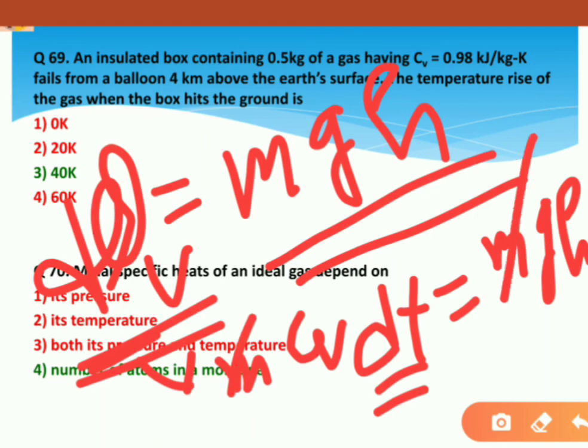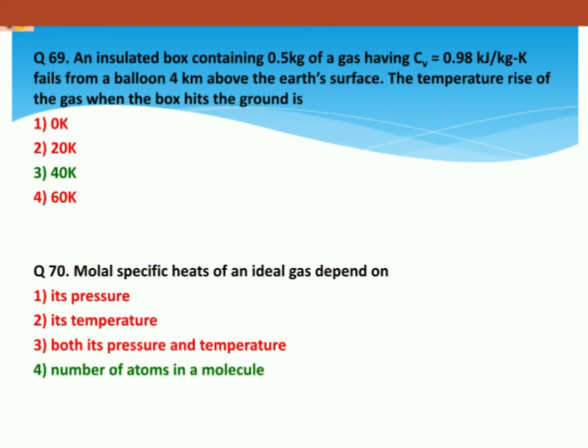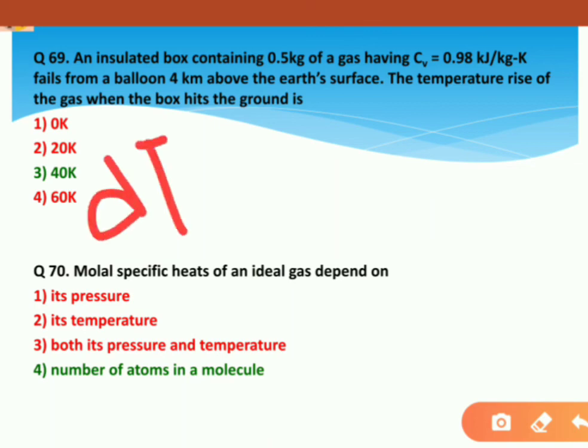So m cancels out, Cv we know, g is 9.81 and h is 4 kilometers.